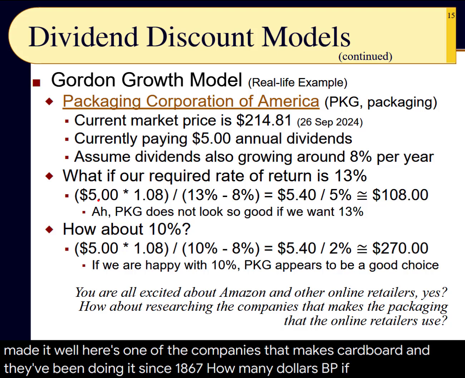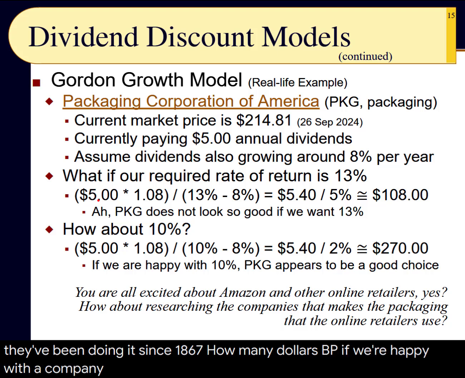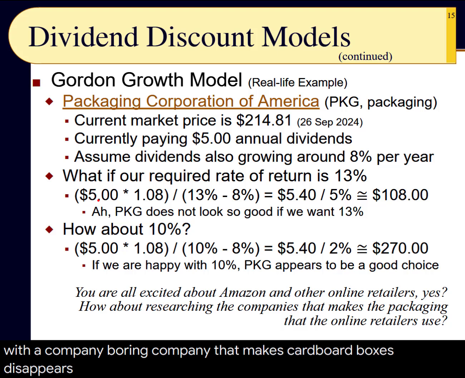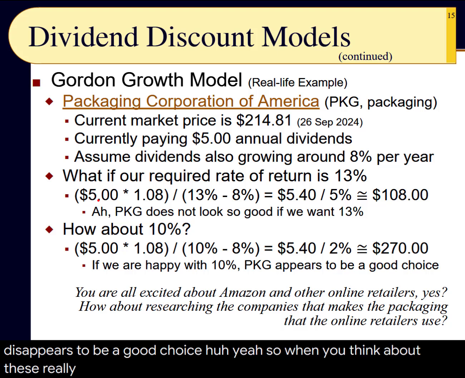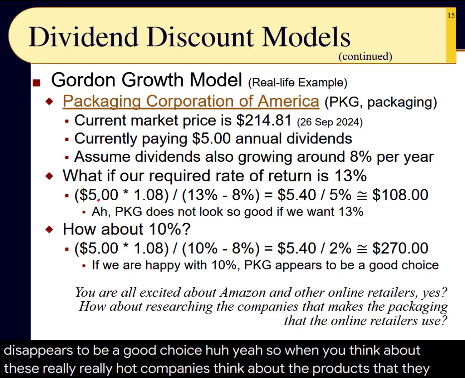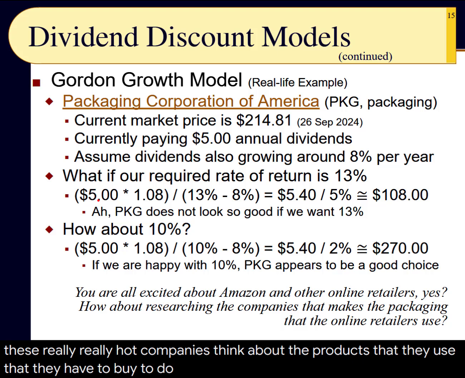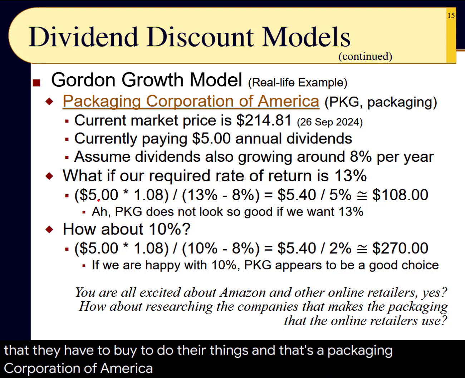If we're happy with a boring company that makes cardboard boxes, this appears to be a good choice, huh? Yeah. So when you think about these really hot companies, think about the products that they have to buy to do their things. And that's Packaging Corporation of America.